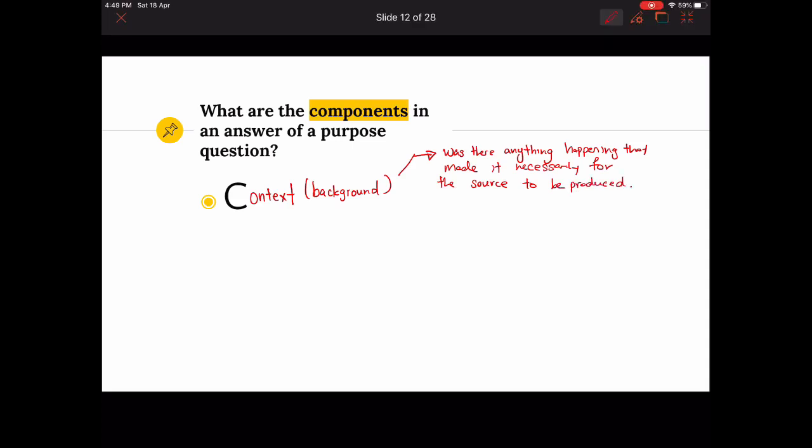So in order for you to be able to find out what the context of the source is, there are some details that you need to look at and that you need to know. You need to examine the date of the source, and you need to also check with what you already know. We call this contextual knowledge, and this term basically means things you already know.